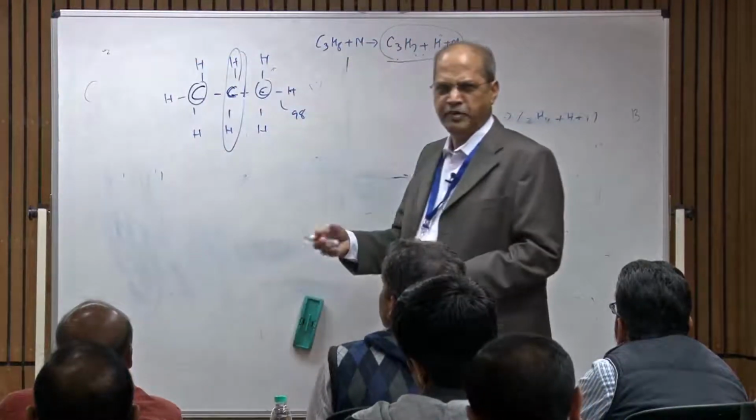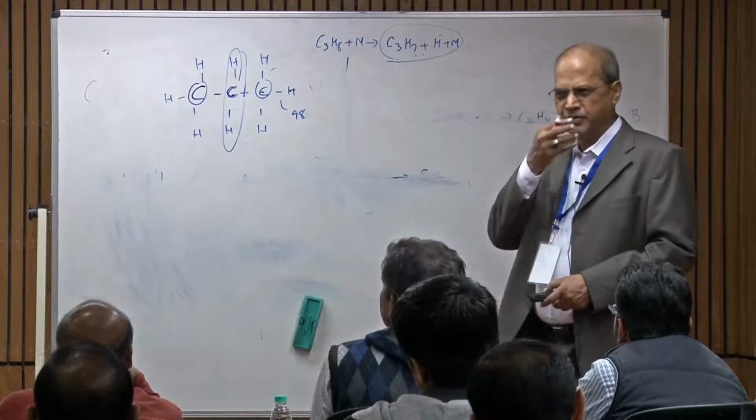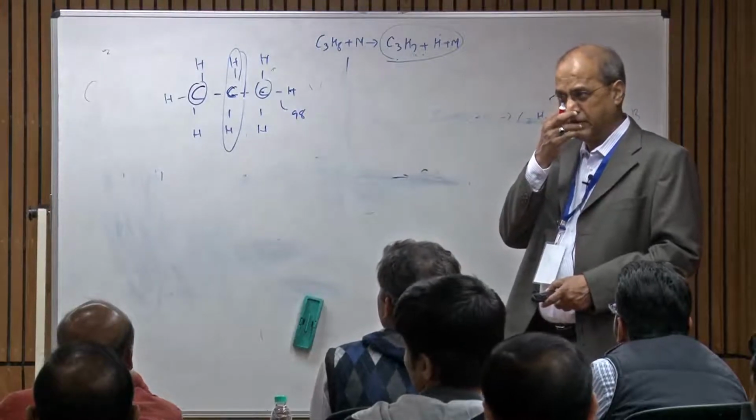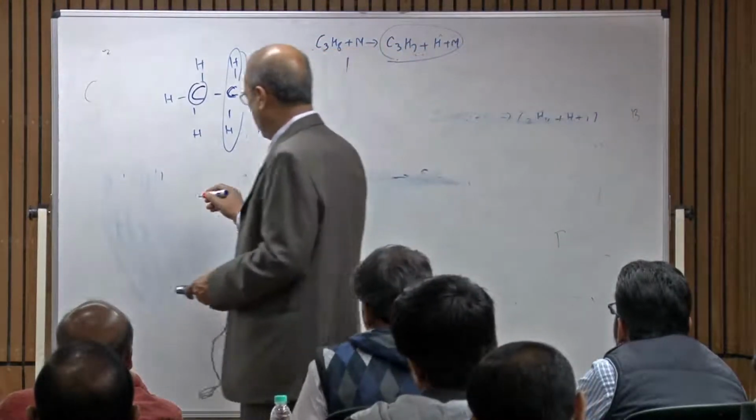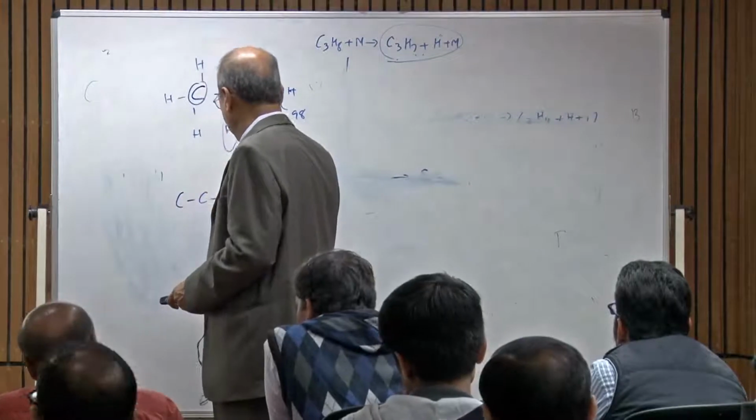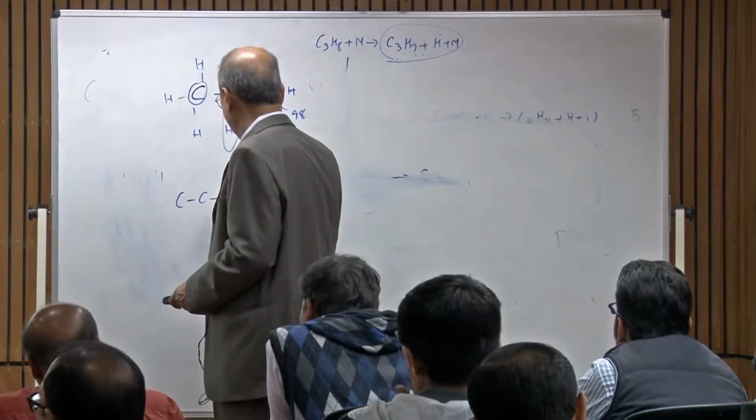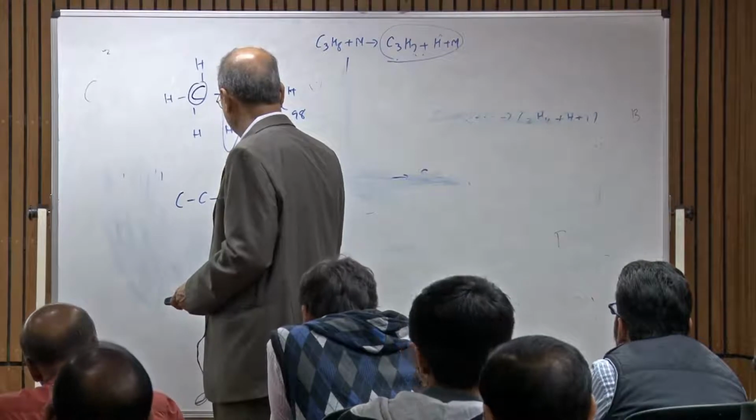Let me see how many are familiar with the beta scission rule. Okay, so let's take this alkyl, propyl.